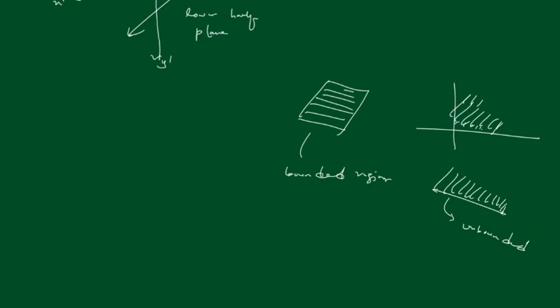A feasible region of a system of linear inequalities is said to be bounded if it can be enclosed within a circle. Everywhere it is closed, then only we can say it is bounded, otherwise it is unbounded.